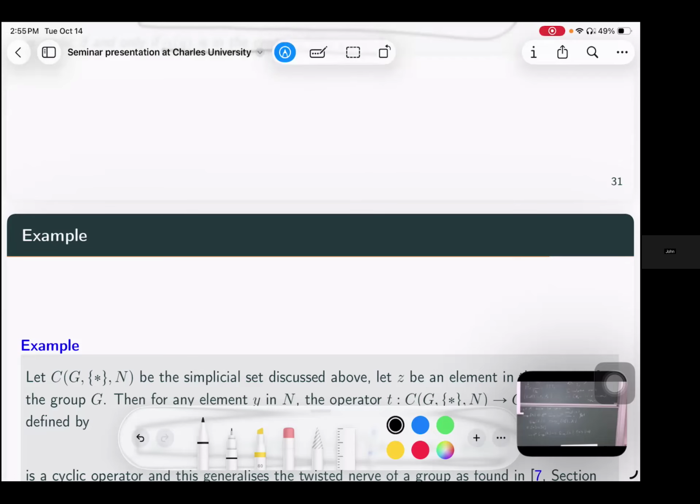So if you look at Hopf algebras and you do the bar construction with that, you get a simplicial object from that. Then you have to put, let's say, the operator T on that.